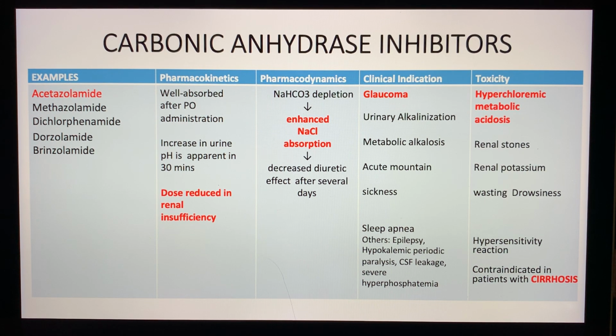It's used for the alkalinization of urine. And please take note, the pharmacokinetics of carbonic anhydrase inhibitors, the dose is reduced in renal insufficiency. So this is the pharmacokinetics, or what the body does with the drugs.